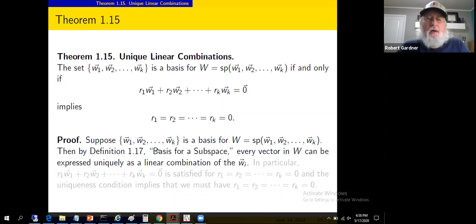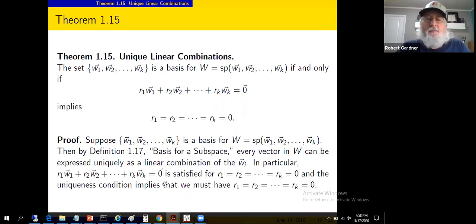Okay, suppose we have a basis. That means, by definition, every vector can be written uniquely as a linear combination. That's our definition, 1.17. Whether I like it or not, that's how we're starting with the definition of basis in this particular setting.